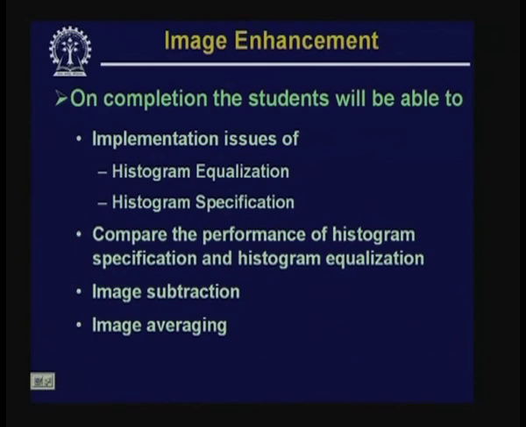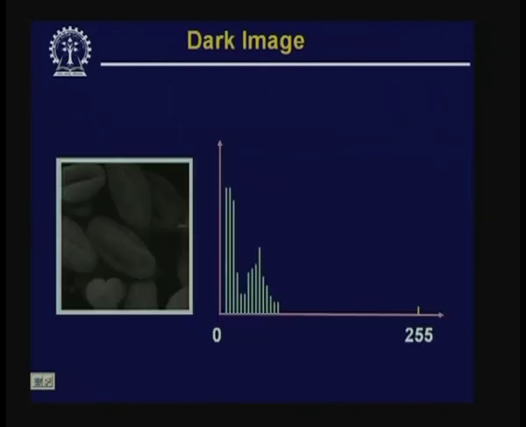So, now let us briefly recapitulate what we have done in the last class. As we have said, the histogram of an image indicates the global appearance of the image. We have also seen these images in the last class, but just for a quick recapitulation, on the left hand side we have shown an image which is very dark, and we call this the dark image.